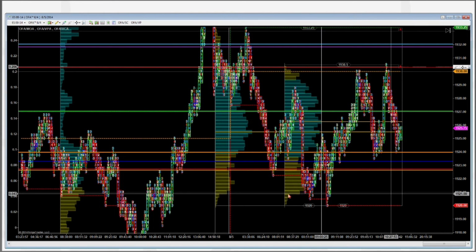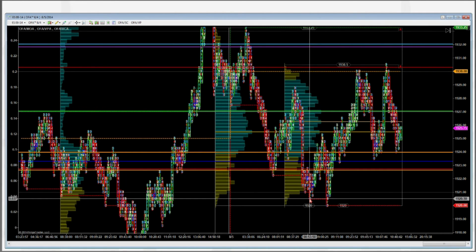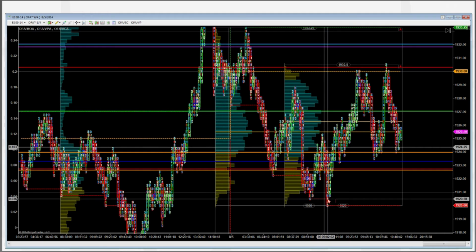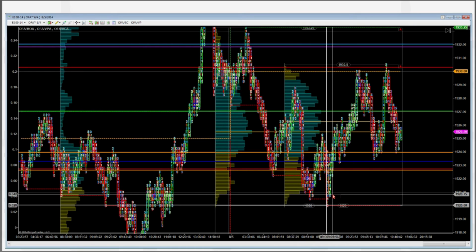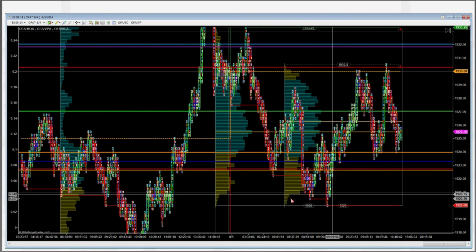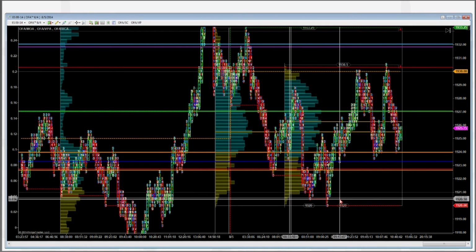Now, what likely happened here is this showed an unfinished auction at 2050. And when it moved back down, it quickly finished. We had responsive buying, and it quickly finished, and there was likely a decent trade. But when you have that finish and you catch that trade, it's like catching a great wave.